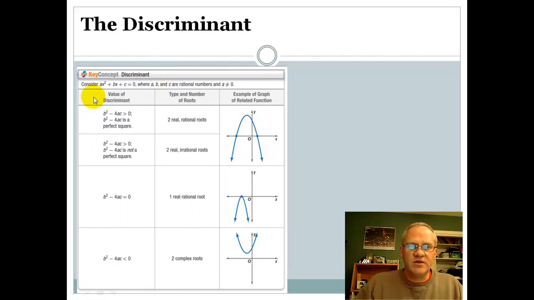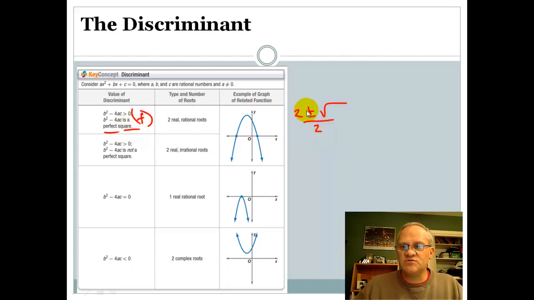The first part here says, basically, if the discriminant is positive, that's what the greater than 0 means. If this is a positive number and it's a perfect square, then you're going to get 2 real rational roots. So remember how this works, let's say you have 2 plus or minus the square root of something over 2.